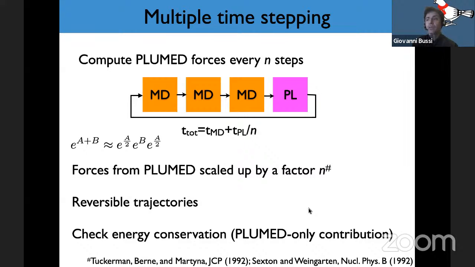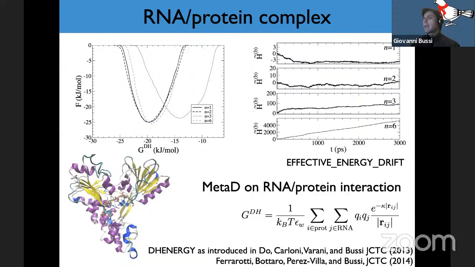That's useful because that means that you don't even need the MD engine to conserve energy, maybe because you're running in some ensemble where it's difficult to check energy conservation, but still you will be able to assess this from PLUMED.